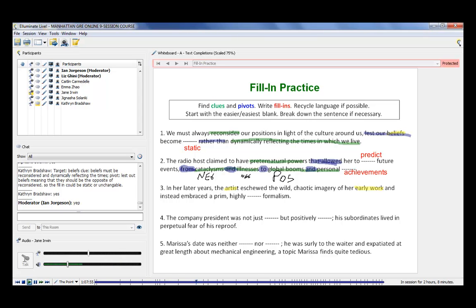And the clue, I would say, is the wild, chaotic imagery, and then prim and formalism. And then the pivot, I would say, is "instead embraced." So I actually couldn't think of a good word for it, but something that's like the opposite of wild or chaotic would be the word I would choose.